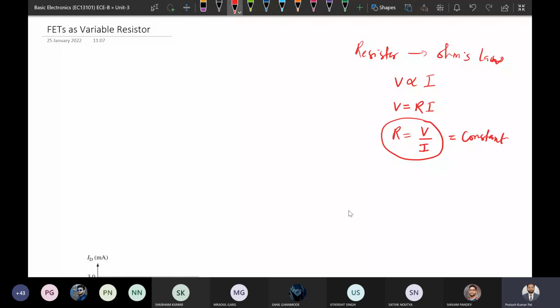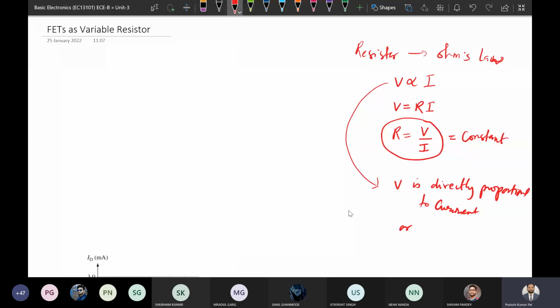This resistance, voltage divided by current, will be a constant. We can call the relation between voltage and current directly proportional, or in another way we can say the variation in voltage with respect to current is linear.